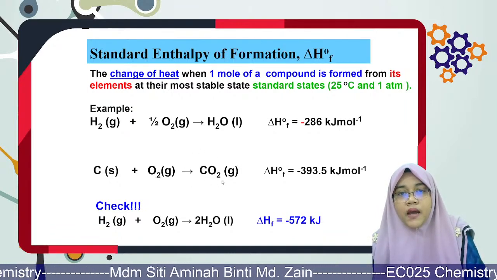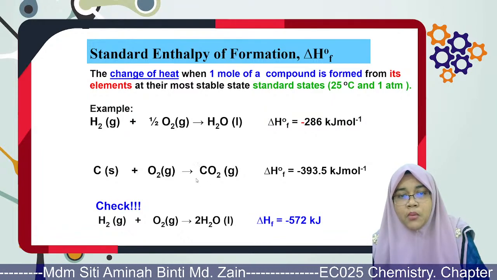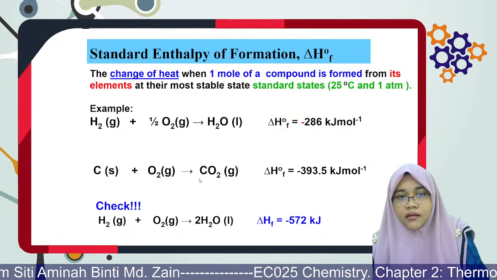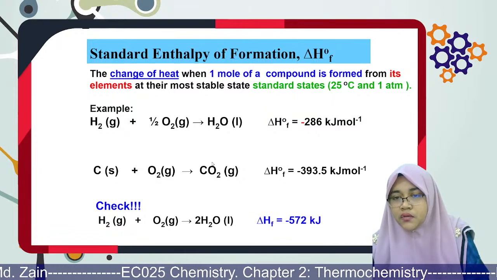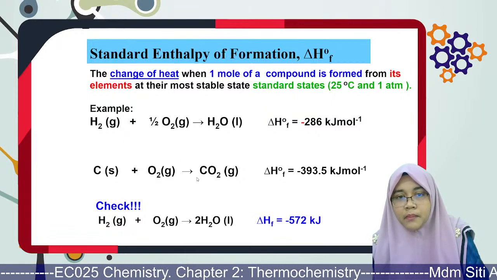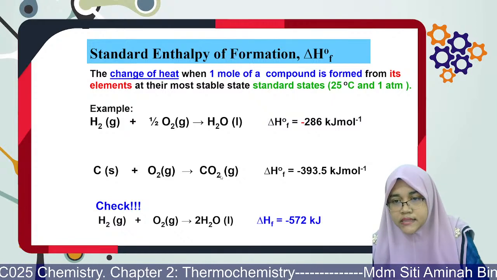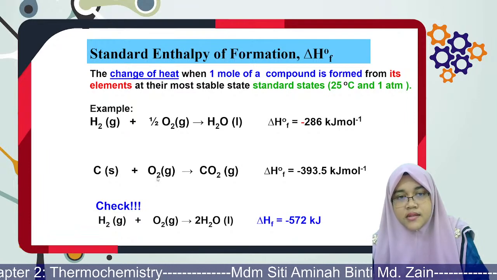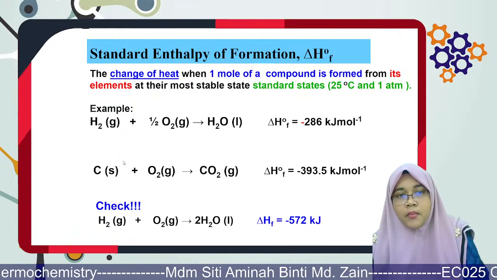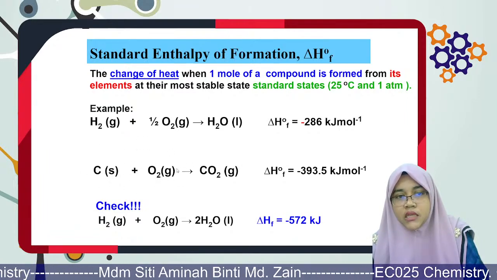To form 1 mole of carbon dioxide, carbon and oxygen are the elements. Carbon is solid, oxygen is O2, which exists as a gas. These two must combine, so balance the equation.